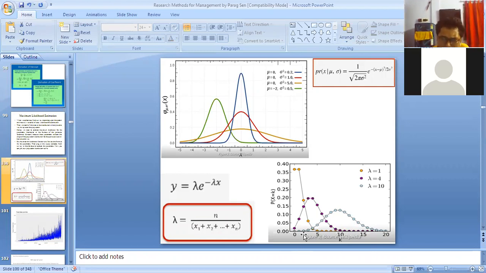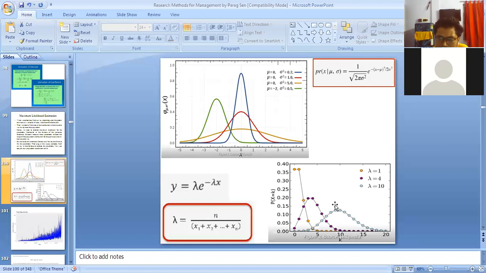But the thing is that, depending upon the nature of the collected data and from your graphical plot, you can understand which particular distribution to use, normal, Poisson, or exponential.